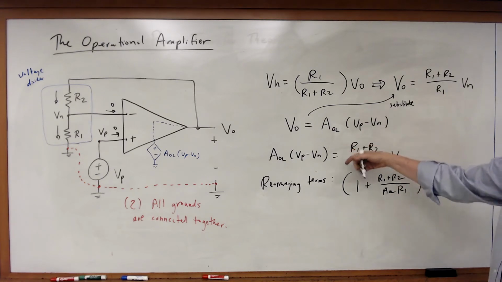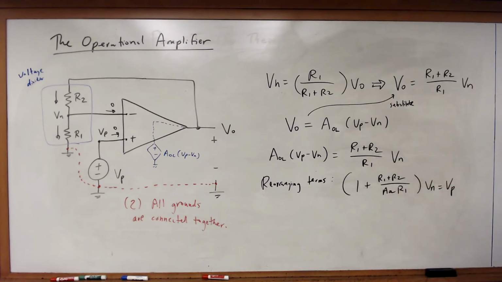There were a couple of algebra steps going from here to get this, but I've now grouped all the Vn terms on one side and the Vp on the other.